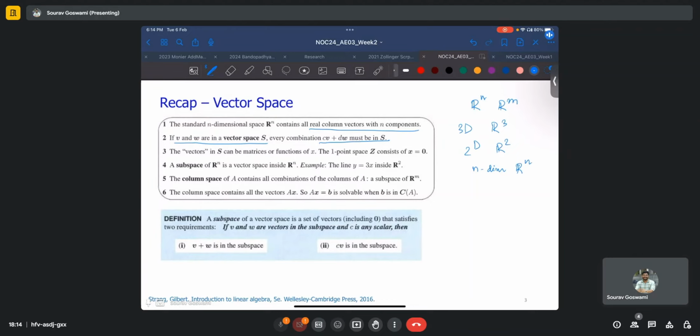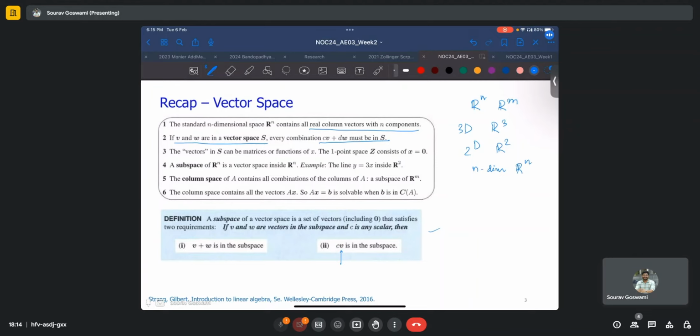Usually this is broken down into two, like we have here. First, any scalar multiple of the vector should be in the same subspace, and the sum of any two elements of the space must again lie in the same space. They are combined together in this fashion. So any linear combination of any two elements of the space must lie in the same space for the space to qualify as a vector space.